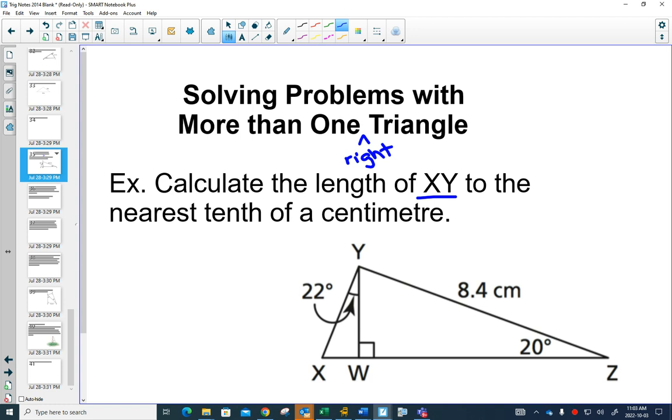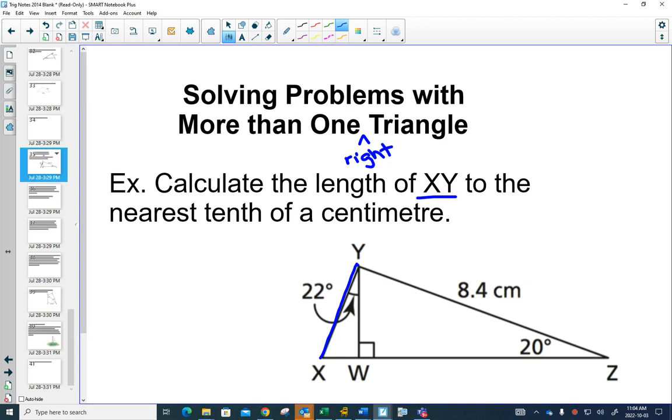Would you use a little w because it's opposite W, or would you use a little z because it's opposite Z? It could be both, right? So we often have in a question like this that they give you XY instead of a little letter, because it's really easy to see that we want to find this length from here to here. Okay?